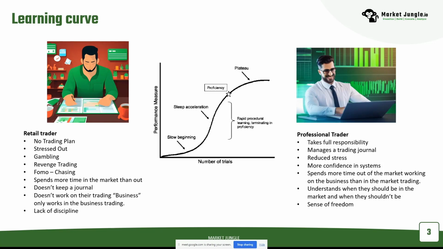Whenever anybody is using that kind of context and thought process, they are disempowering themselves. When someone takes full responsibility for their outcome and doesn't put that outcome on somebody else, they're really able to start to make a change. That's one big thing I see between professional traders and retail traders: taking that full responsibility.